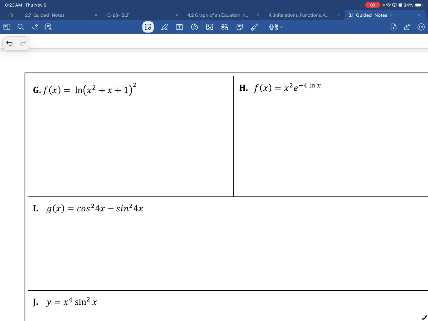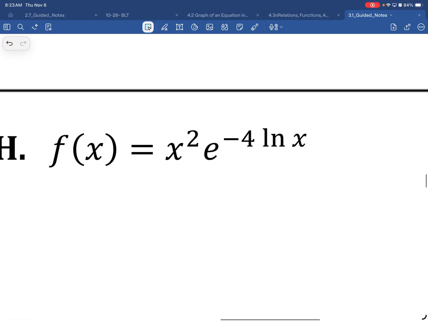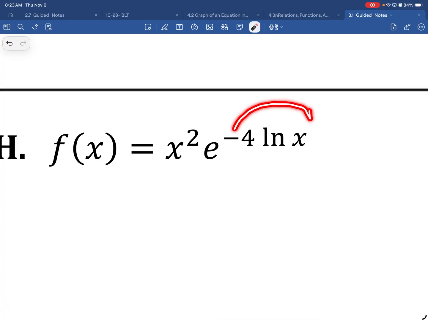Let's do some mental work real quick. Can I use properties of logarithms to move that -4? Yes. Yep, move it to the exponent. Once I move that -4, could I use properties to cancel anything?